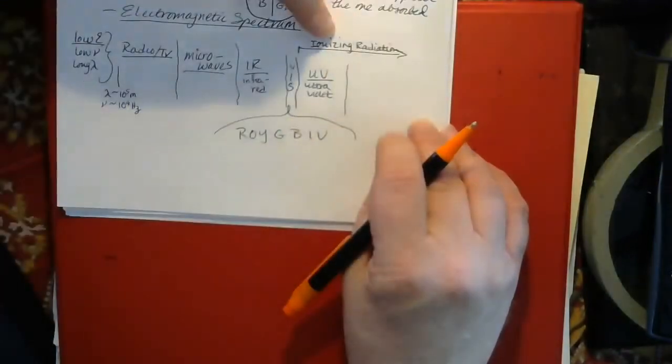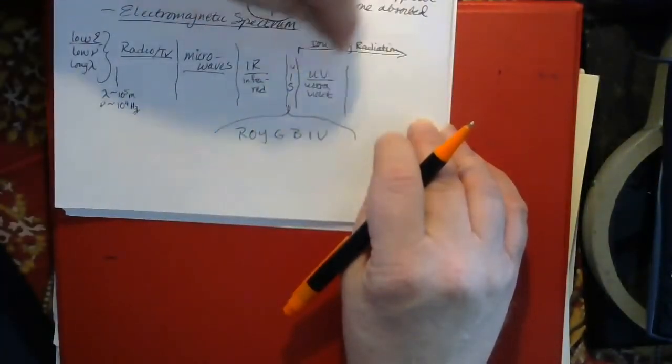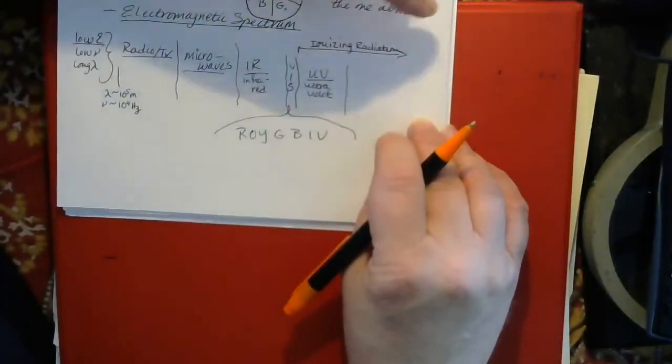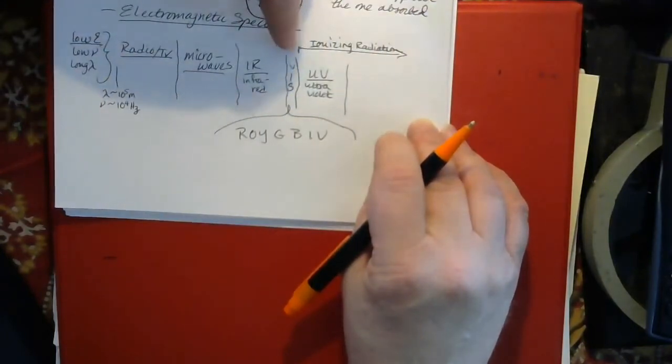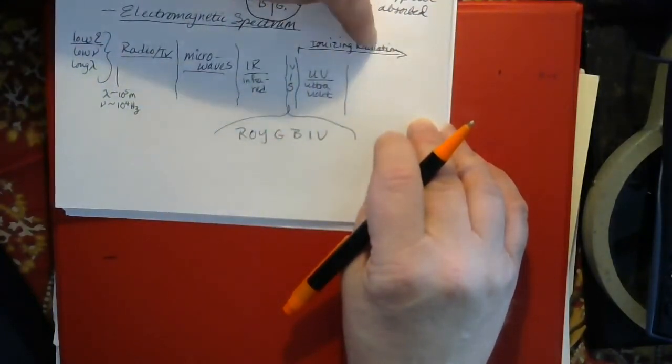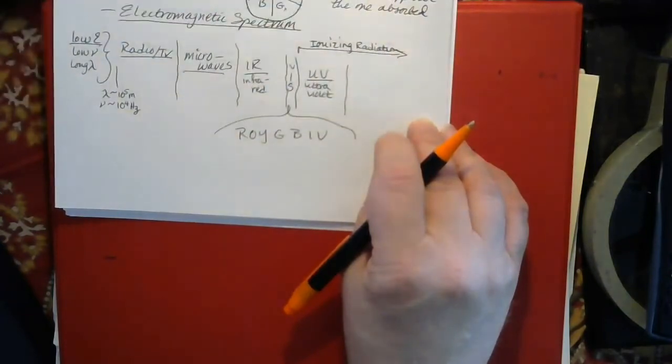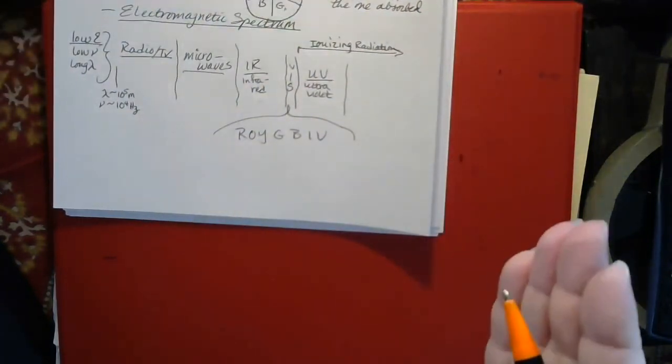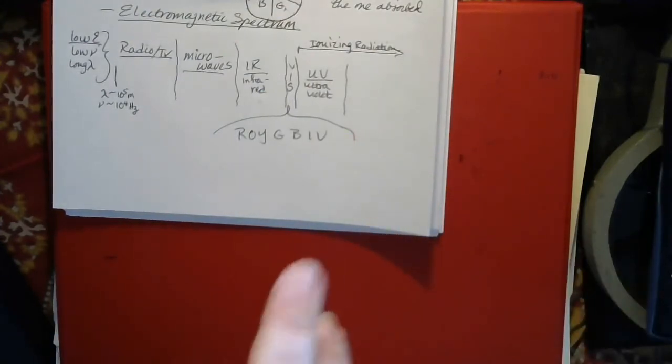It's called that because energy from here on up in the electromagnetic spectrum is capable of ionizing biological materials. By ionizing, of course, we mean basically removing or adding electrons to the biological material.